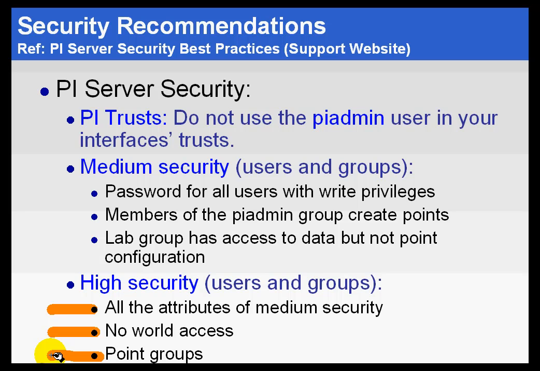Maybe there's a set of technicians who only need to look at the Emerson points and don't need to look at the Honeywell or Siemens points. So you could set up specific points so that people aren't stepping over each other in their editing of points. In the previous level, we suggested you put everybody in the Pi admin group so that they could edit points, but a refinement on that would be to create these point groups that are for specific sets of tags.